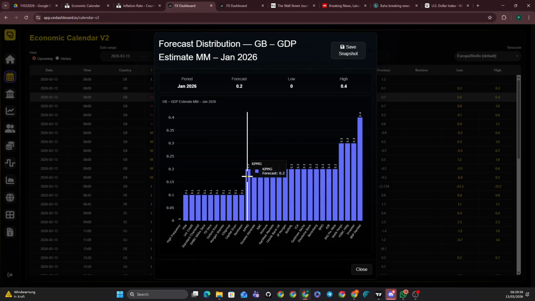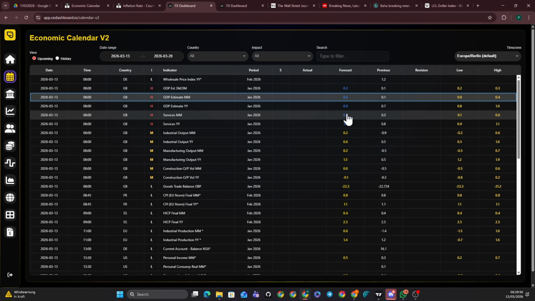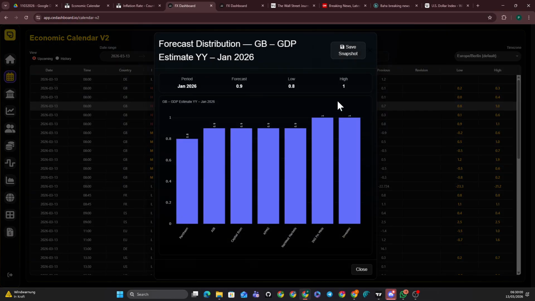So this is not quite a normal distribution. Most of the people are positive, they are expecting the UK to have a positive GDP. I'm also on that side. I will point out why I'm on that side.